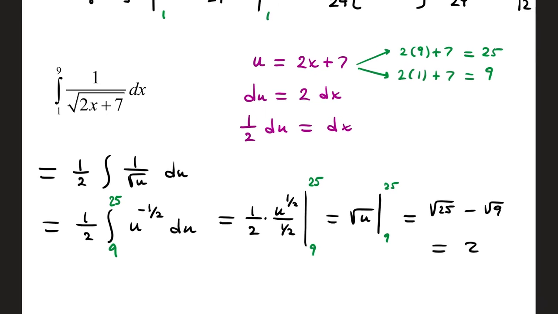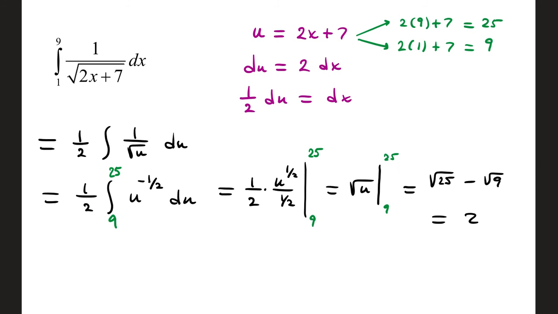The next definite integral using substitution method we looked at was the integral from 1 to 9 of 1 over square root of 2x plus 7 dx. Since 2x plus 7 is grouped under the radical, let's try it as our substitution. If we let u be 2x plus 7, then taking the derivative, we get du equals 2 dx.